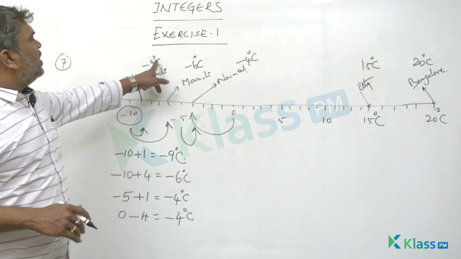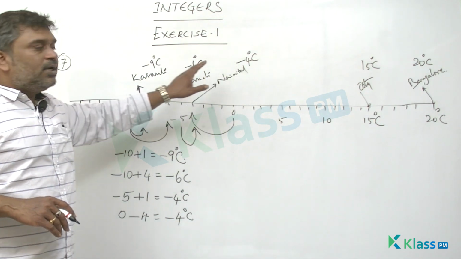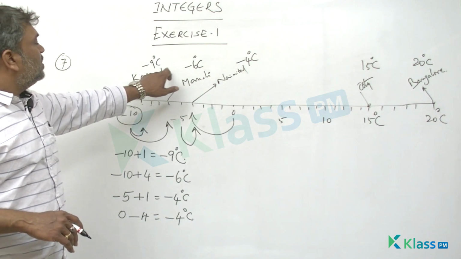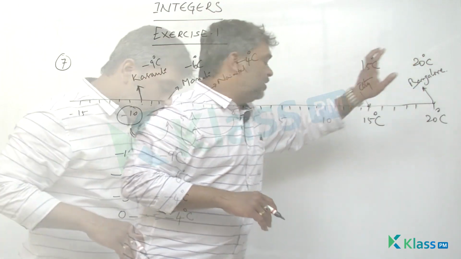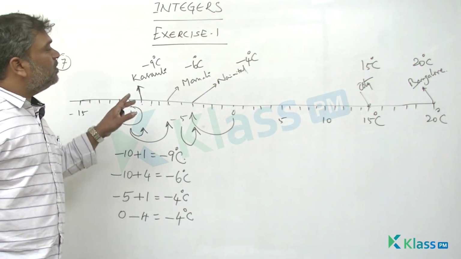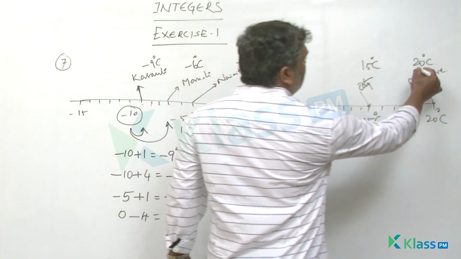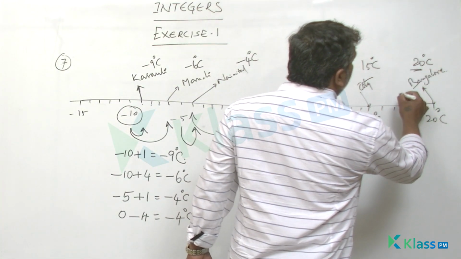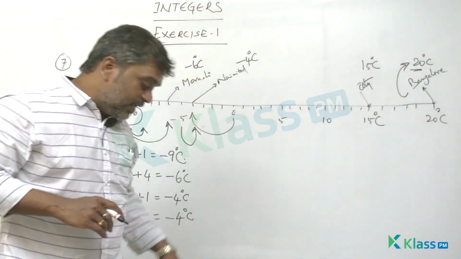So, just forget about this degree centigrade, that is the way of measuring temperatures. You just see the numbers: minus 9, minus 6, minus 4, 15, 20. Which city has the highest temperature means, which is the biggest number among these? 20 is the biggest number. So, Bangalore city is having the highest temperature of 20 degrees.